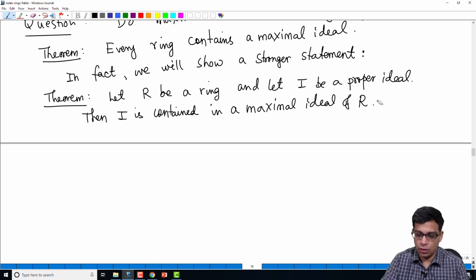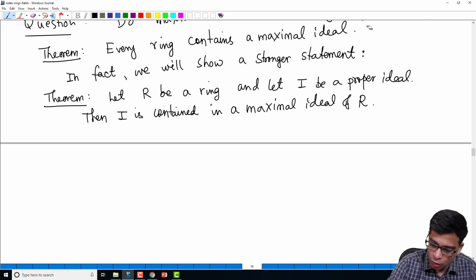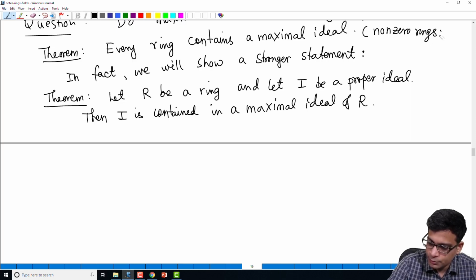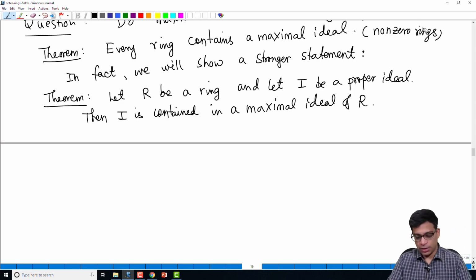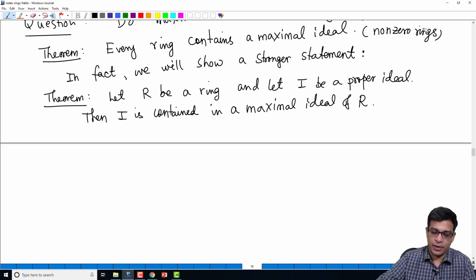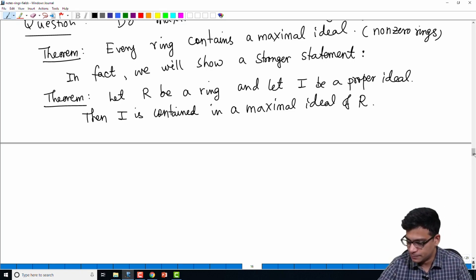Of course I assume non-zero rings. I'm always going to consider non-zero rings. So every non-zero ring contains a zero ideal, and the zero ideal is a proper ideal because the ring is not the zero ring. So now by the second theorem, the zero ideal is contained in a maximal ideal, so there are maximal ideals.